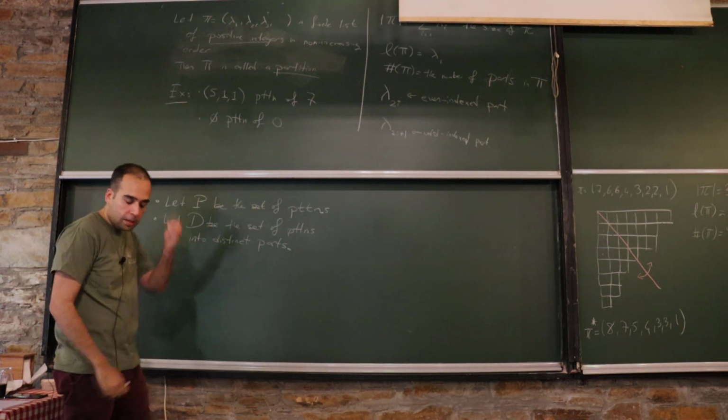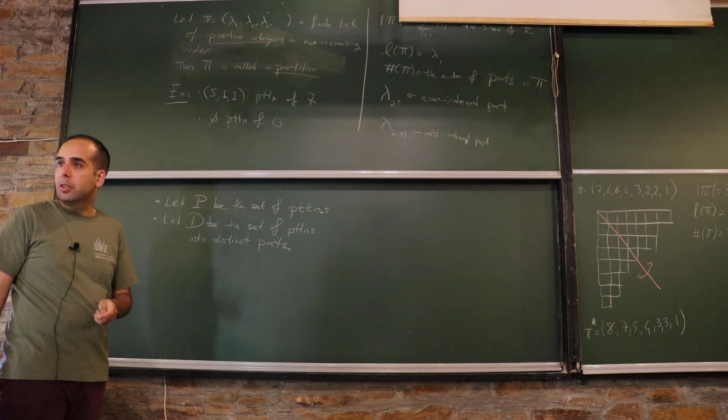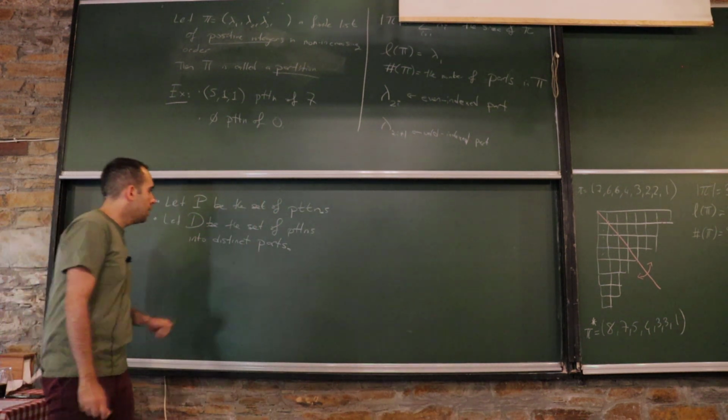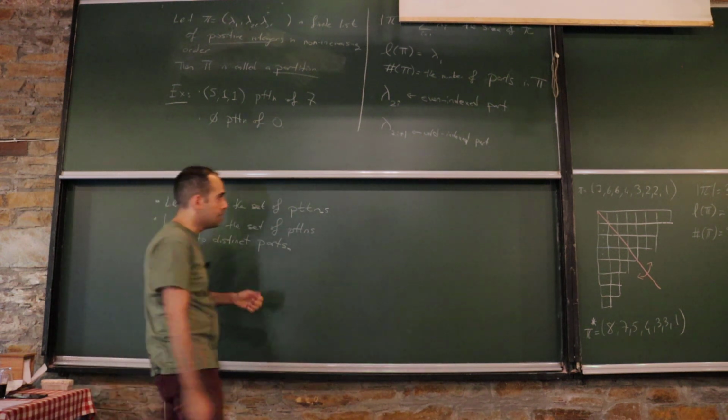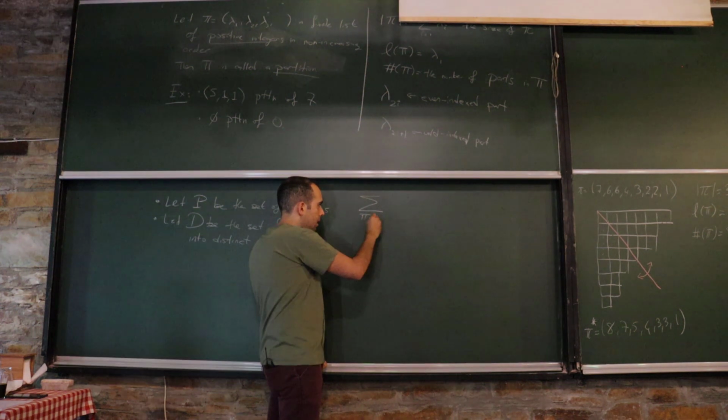So two definitions. Let P be the set of all the partitions. Let D be the set of all the partitions into distinct parts. What we want generating functions to do is that I want to take these partitions one by one from this set.